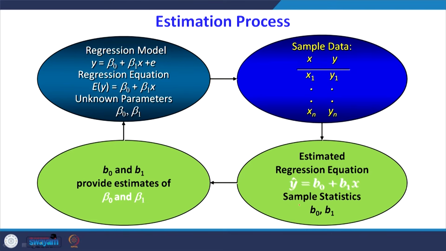But when you estimate the value of b1 and the value of beta 0, that may not be significant at the population level. So in that case we are going to say beta 1 is equal to 0. If beta 1 is equal to 0, there is no relation between x and y. That we will see in the coming slides.